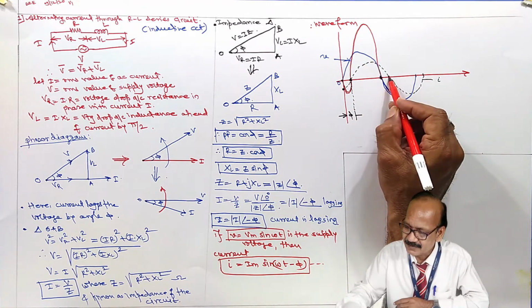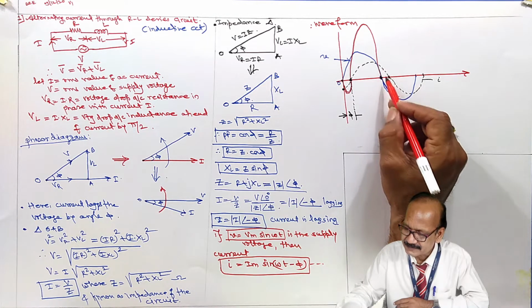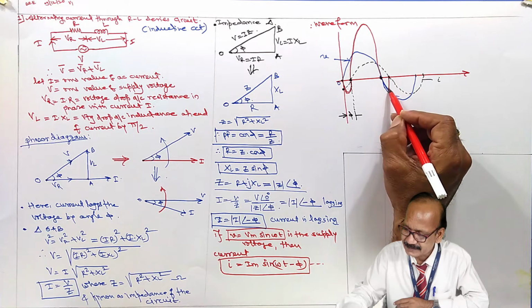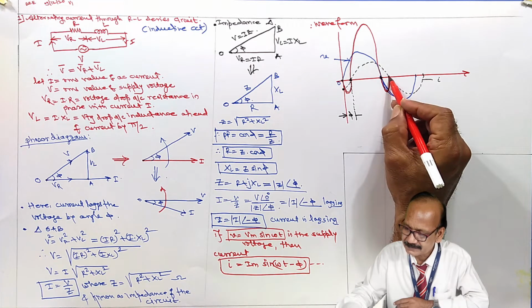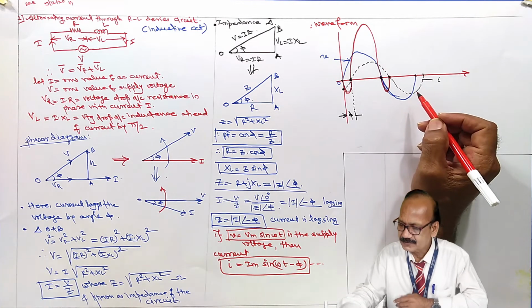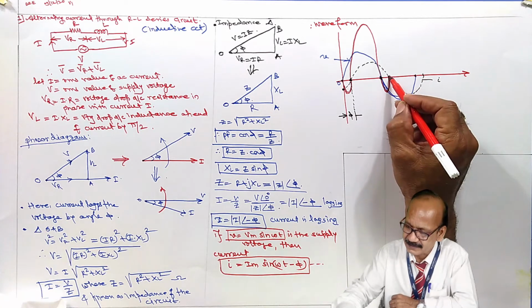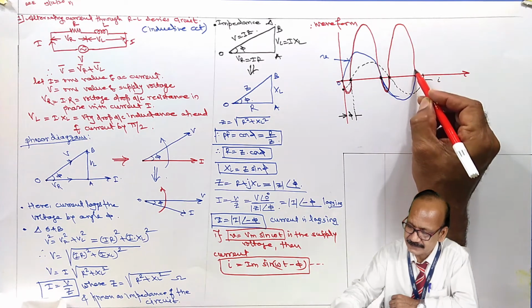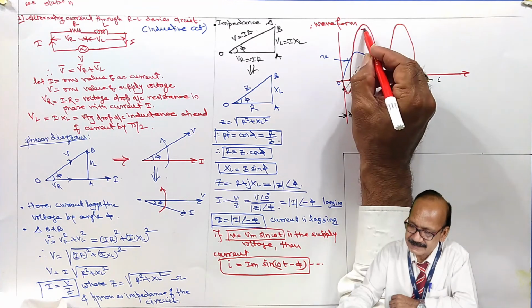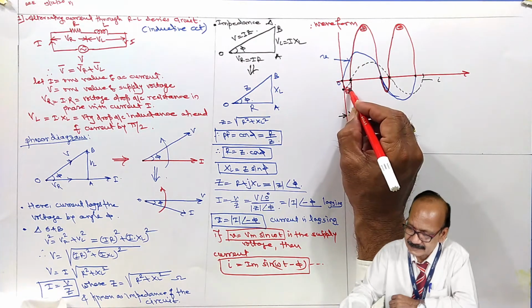Then within this small band, current is positive, voltage is negative, so their product is negative. Now once again from this to this point, both voltage and current are negative, their magnitudes are large, and therefore their product will also be large. So this is positive and this one is negative.